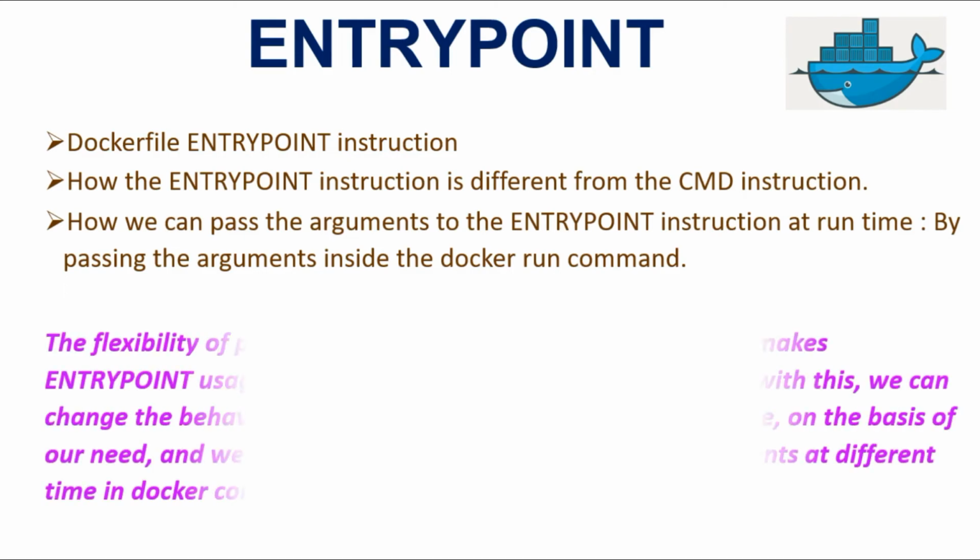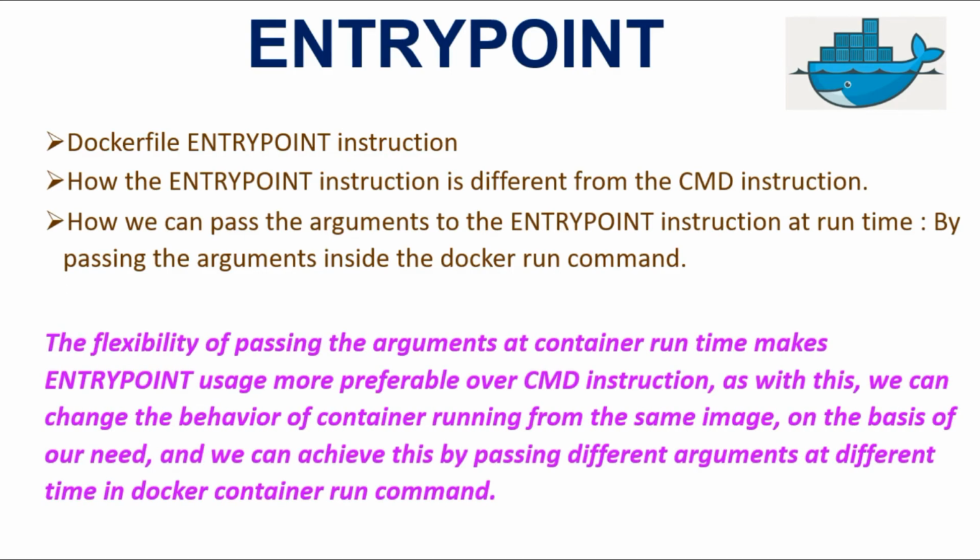So friends, the flexibility of passing the arguments at container runtime makes entry point usage more preferable over the CMD instruction, as with this we can change the behavior of containers running from the same image on the basis of our need. And we can achieve this by passing different arguments at different times in the Docker container run command. So friends, let us stop this session here and let us see the remaining stuff about the Dockerfile CMD and entry point instruction in the upcoming session.